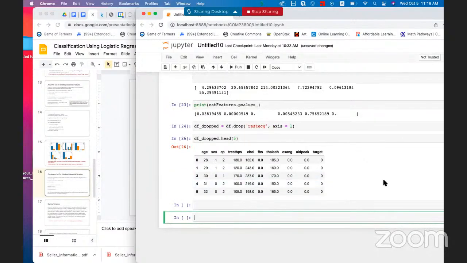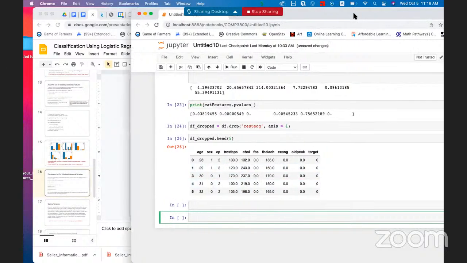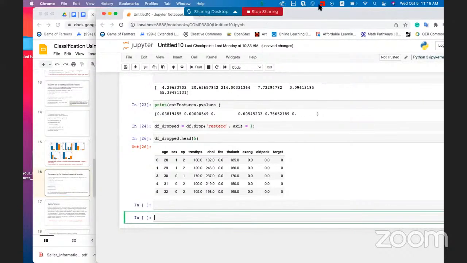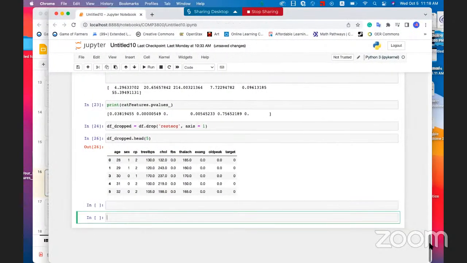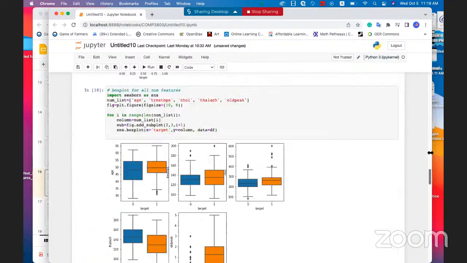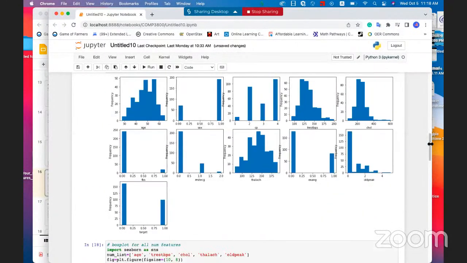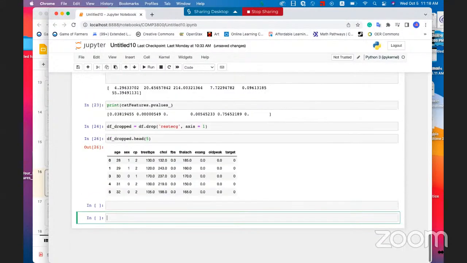Okay, yeah, we dropped this variable. Okay, good.